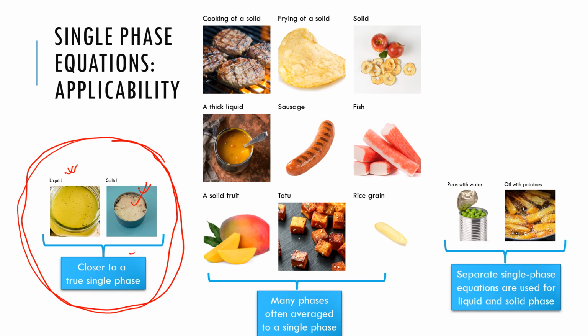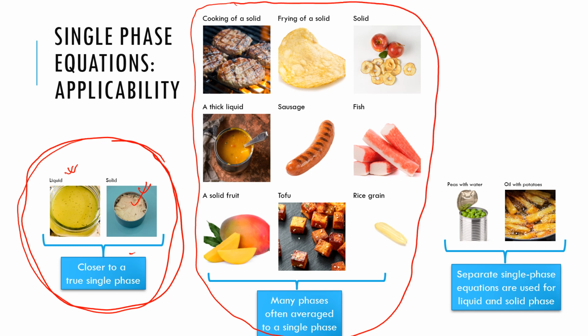The equations that we derive are the most used equations. And how they get used for a much larger class of problems is by way of averaging, by way of thinking of averages of these single phase equations. Another way that the single phase equations are useful is when we have situations where separate single phase equations can be used simultaneously.